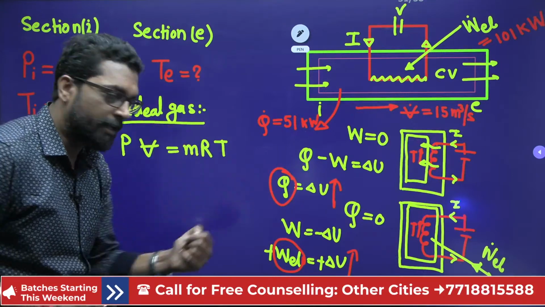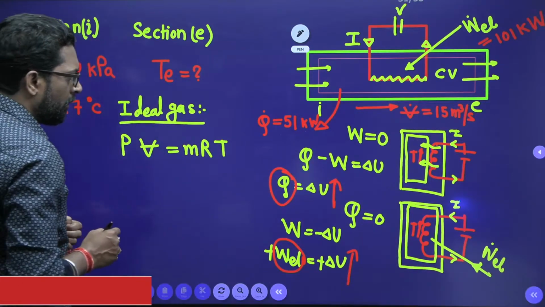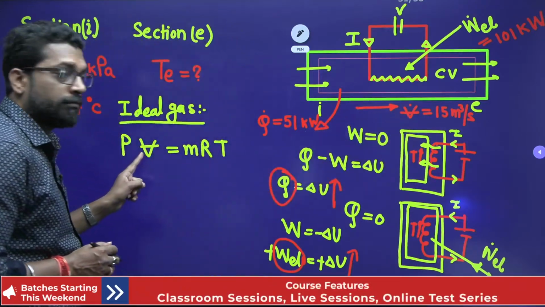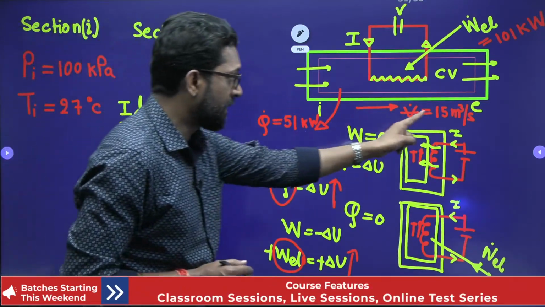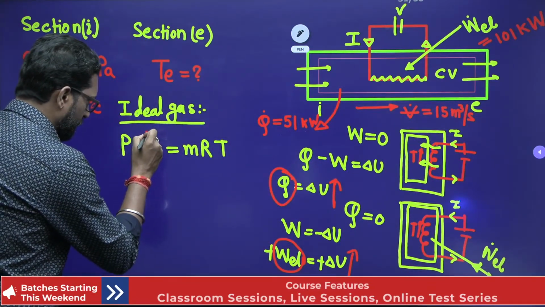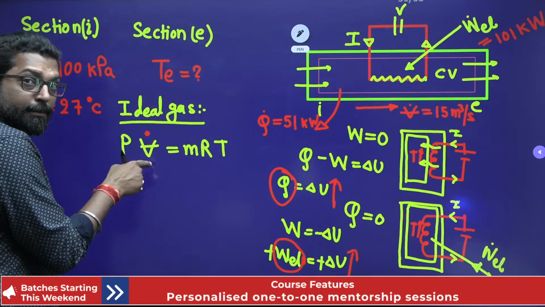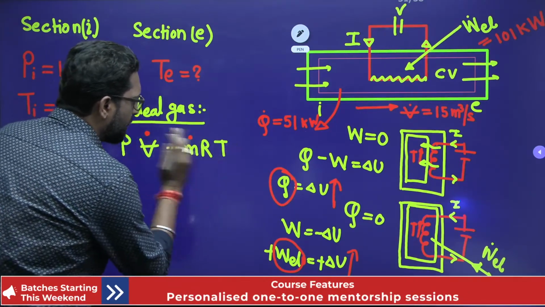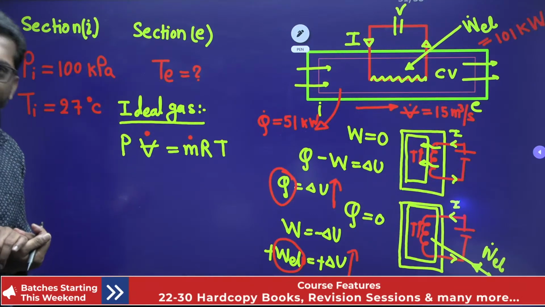Always remember. Since volume is meter cube per second, put a dot here, so m dot is kg per second. These are balanced.